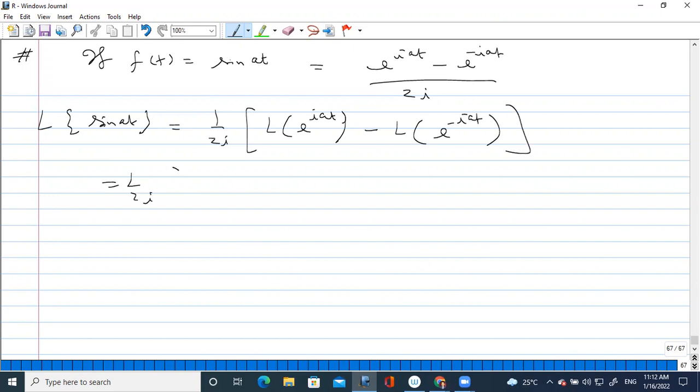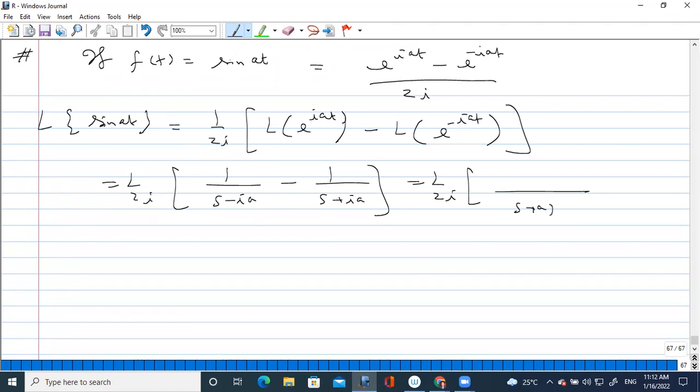So 1 by 2i. Laplace of e^(iat) will be 1 upon s minus ia, minus 1 upon s plus ia. Now here also you can take common denominator, it will be (s minus ia) into (s plus ia). So it will be s plus ia minus s plus ia. s to s cancel. So it is 2ia. 2i to 2i cancel.